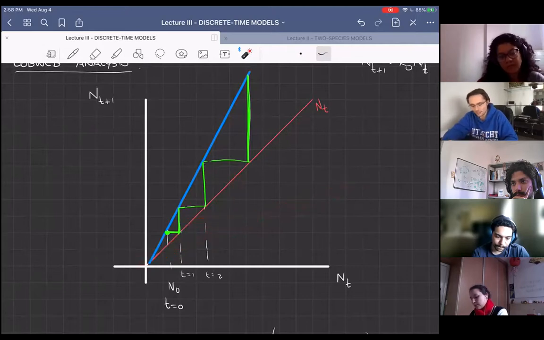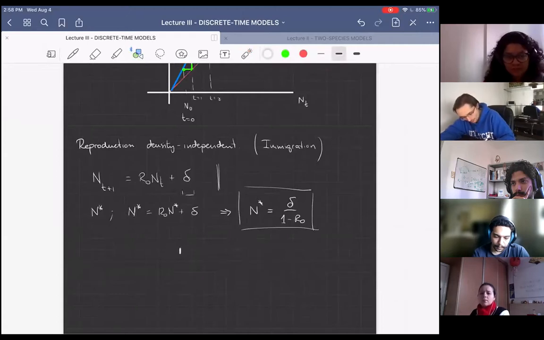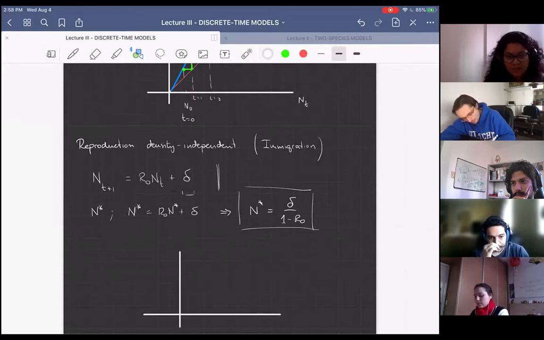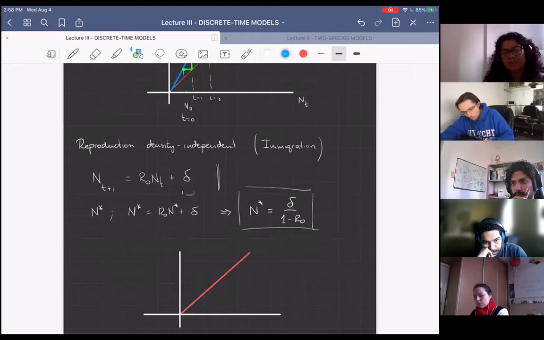When I have immigration, I can see it very easily in my graphical analysis. Let's see if we can repeat it quickly. Now I still have my 1, 1 line, nothing changed. But now my blue line, when t is equal to 0, it's not 0 anymore. Now it's some delta.